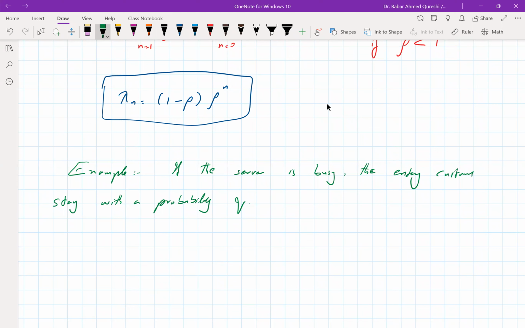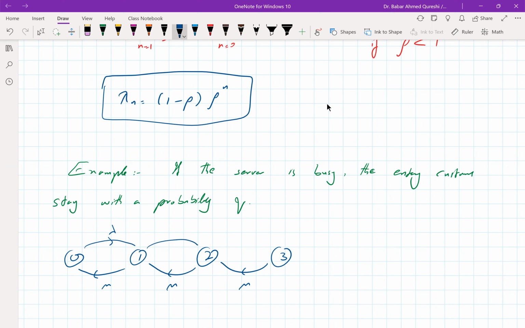Otherwise, they just leave. They don't bother. So how will this chain change? Well, this is still mu because it's about how much time the server takes. Here the first one is lambda. The next one is lambda, the rate of arrival, but now you have to multiply it with the probability that they actually stay. Lambda q, and so on.